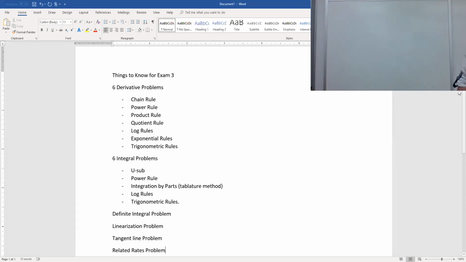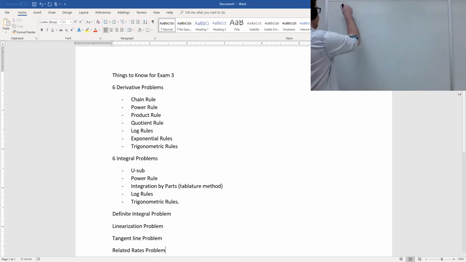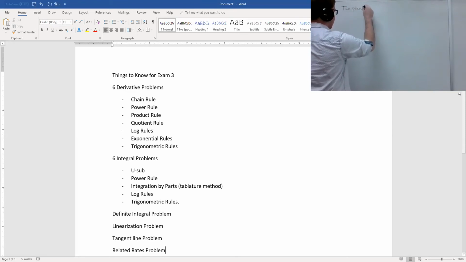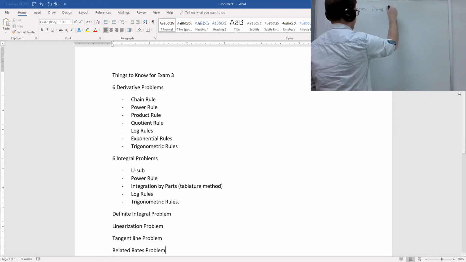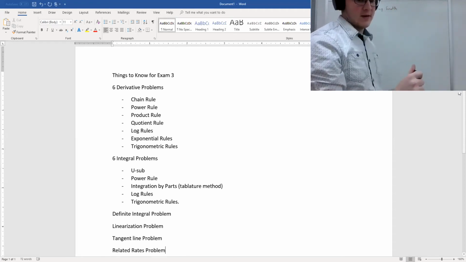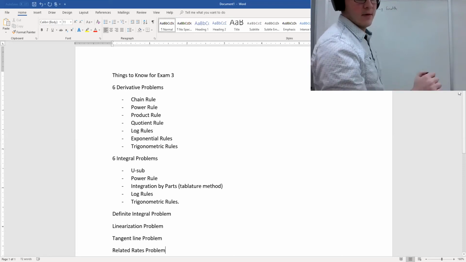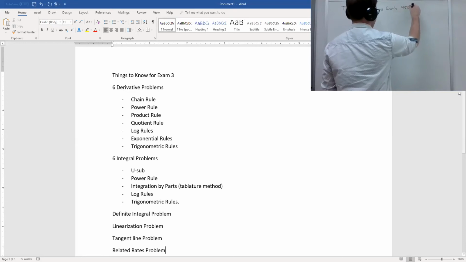All right. So this one's a fun problem. I like this one. So let's say we have 2 planes. And one is flying south at like 450 miles an hour.